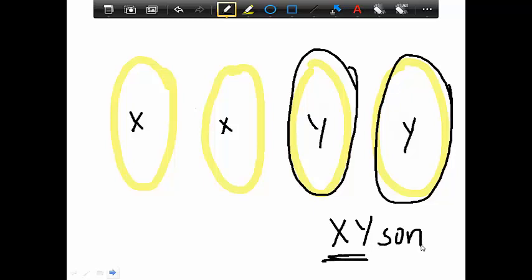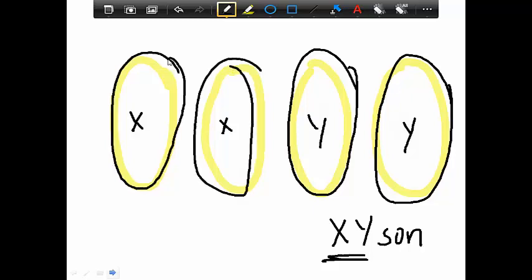If the eggs ended up joining with either one of these 2 sperm cells, the result would be an XX, in which case it would be a daughter that's born.